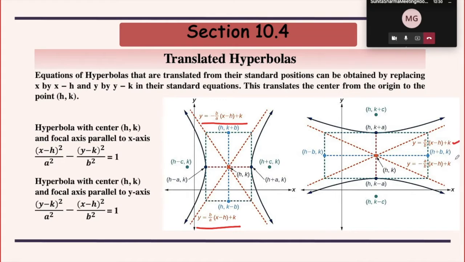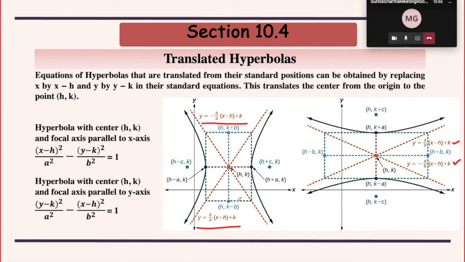The only difference you will notice is the slopes, they become reciprocals of each other. So here if you have b by a, here you will have a by b. The second case is when your focal axis is vertical, parallel to the y-axis, and the first case is when the focal axis is horizontal, parallel to the x-axis.